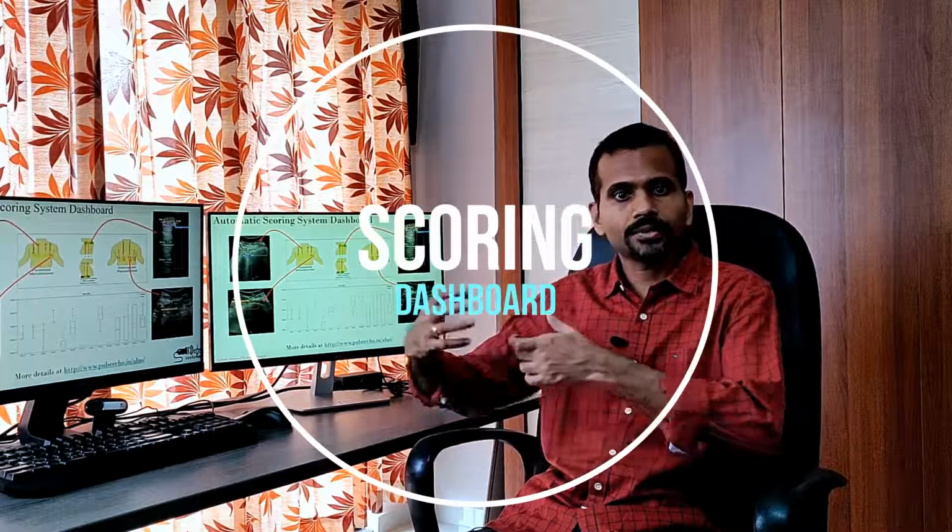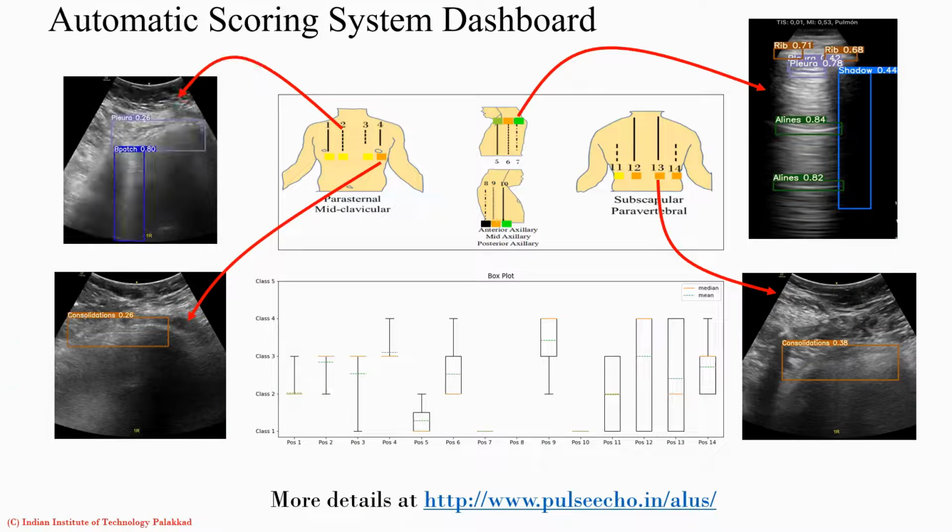Once the severity scoring is done, we display that to the clinician in a very novel way, something like a dashboard as shown over here, where each point of the 14 points acquired is represented by a color. Greenish means it's a healthy lung, and the reddish side means it's a really infectious lung.